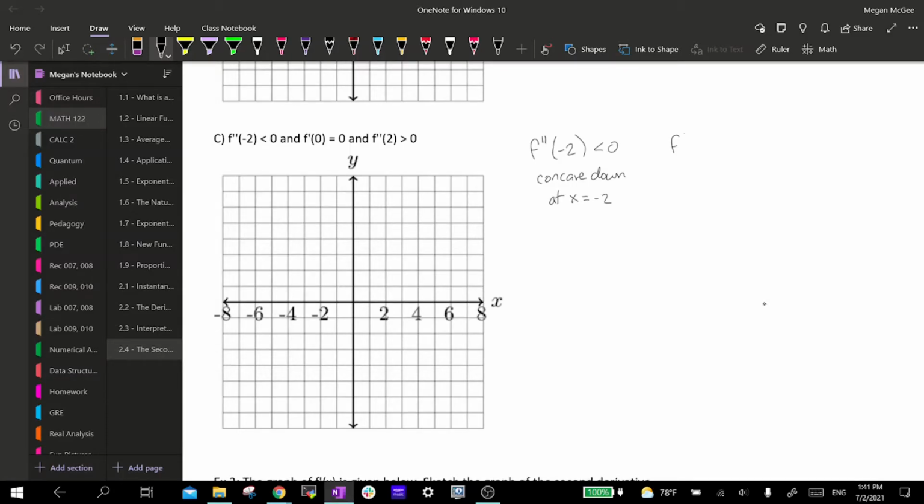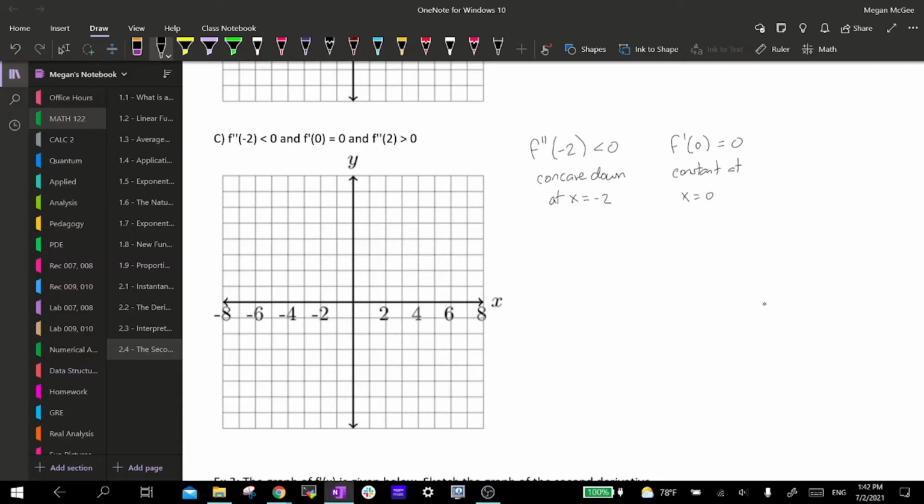Alright, then we have the first derivative at 0 is equal to 0. So if our derivative tells us our rate of change, and our rate of change is 0, then we are neither increasing nor decreasing, right? We are just constant at x is equal to 0.